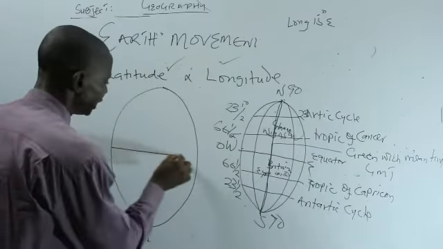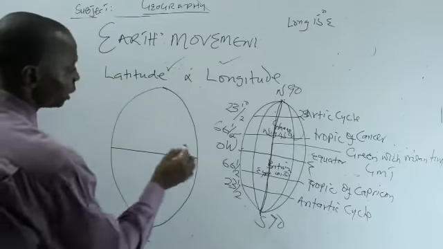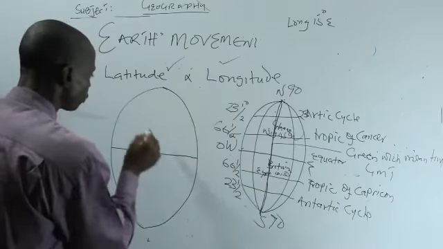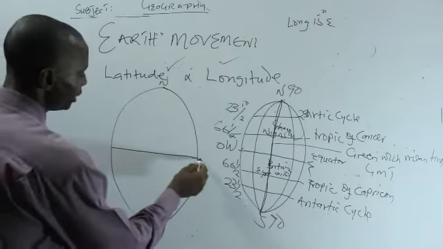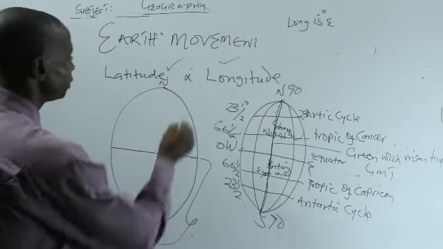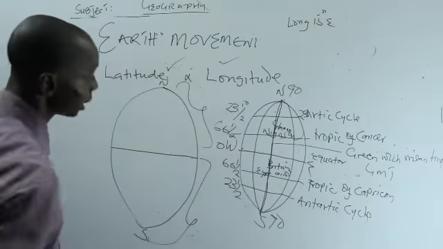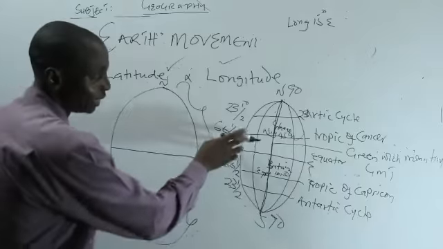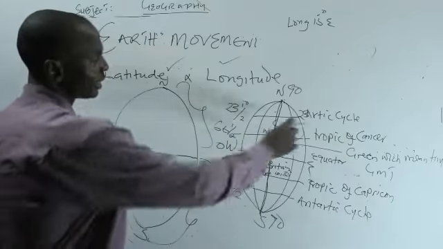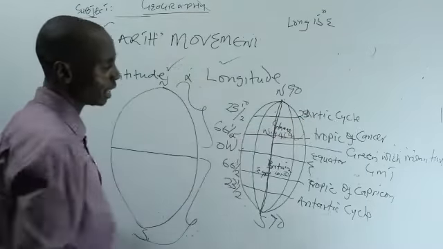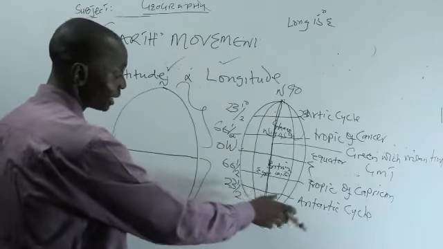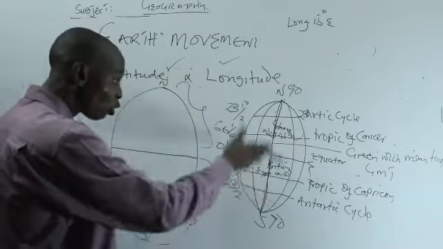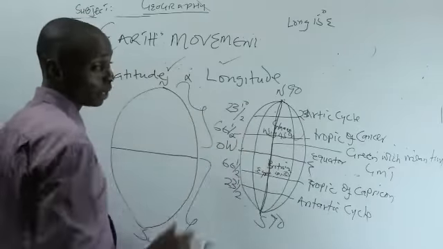Now here is the equator. From here is the north, from here is the south. Here we call it the southern hemisphere, and here we call the northern hemisphere. All these lines, lest I forget, the Arctic Circle, the Tropic of Cancer, the Tropic of Capricorn, and the Antarctic Circle, they are called the parallels of the equator.